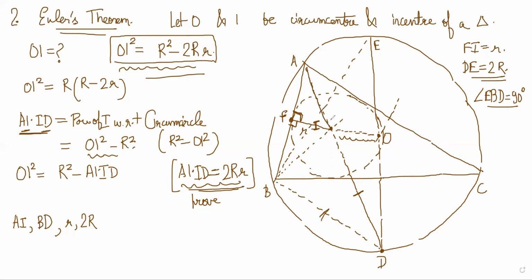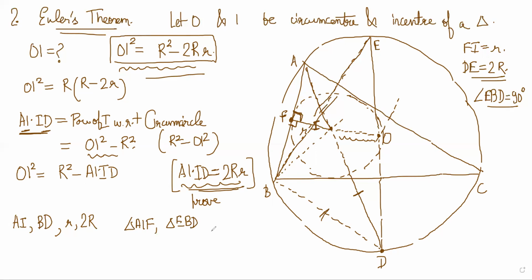Notice this right angle triangle and the biggest right angle triangle here. They have some of the sides that we want, because AIF has IF, which is small r, and this has 2 capital R. So we can look at these two triangles, AIF and EBD, and look for similarity.